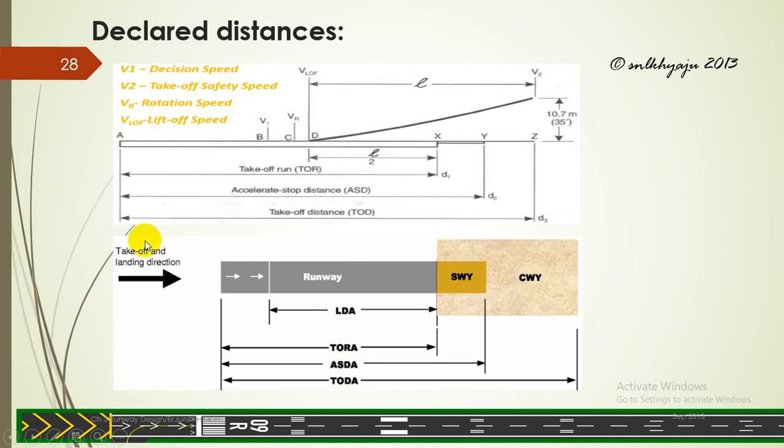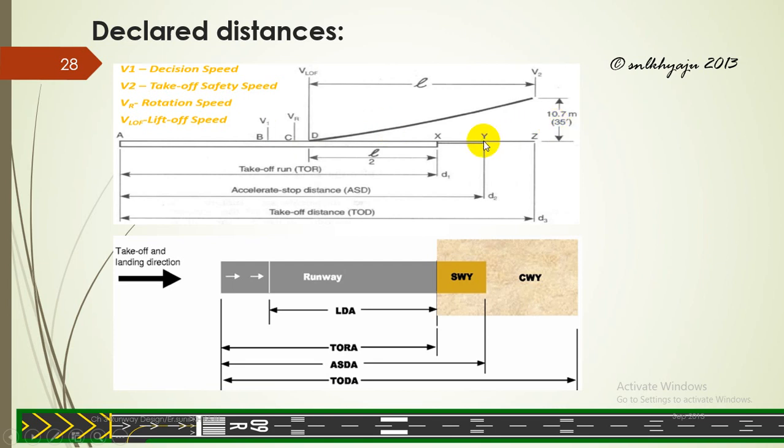In this case, if the aircraft is ready for takeoff and is speeding up to point B, that is, the aircraft gains the decision speed, and a pilot notices a sudden failure in the aircraft, he has to stop the aircraft up to Y distance.